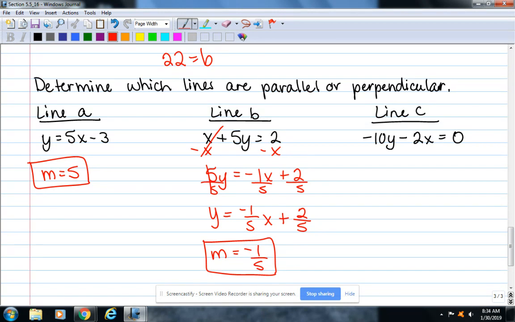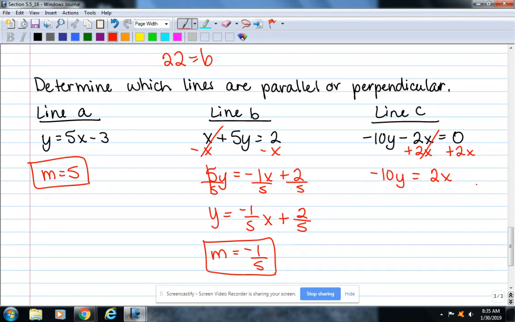All right, now let's do the same thing for line C. How do I get it in slope-intercept form? Add the 2x. Yeah, these are in a different order, but that's okay. So I'm getting negative 10y equals 2x. Now you can put plus 0 or you can leave that off, because the y-intercept is going to be 0 on this one.